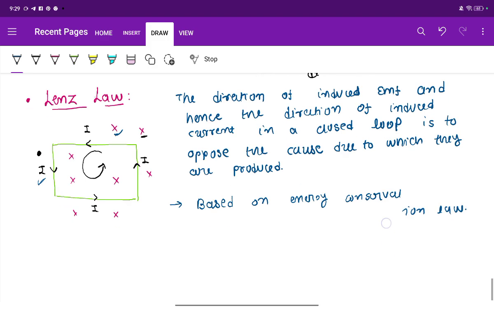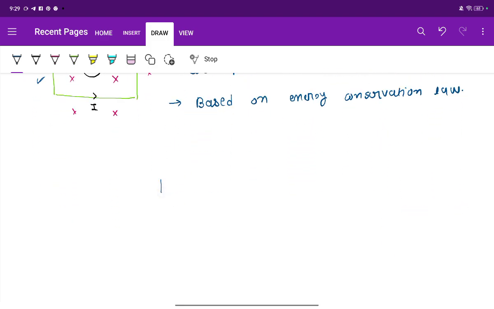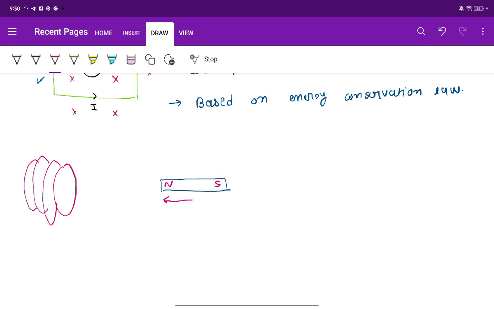So let's say you are bringing a bar magnet towards this coil. Okay, so what will happen? Let's say this is north pole, this is south pole. Now you are bringing this bar magnet nearer to this coil, right?